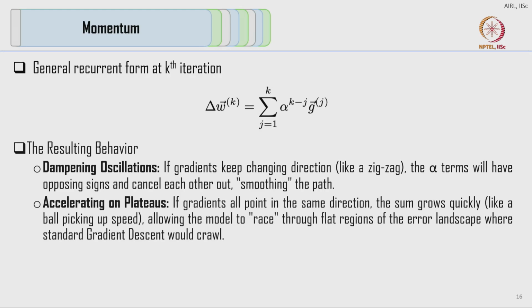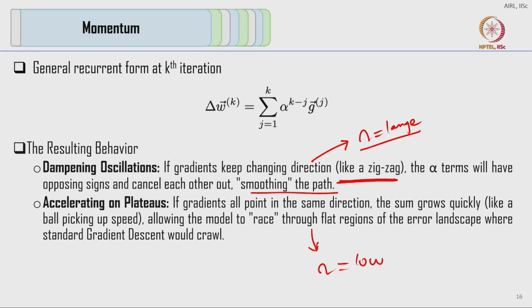The resulting behavior is, in the first case, where eta is large. If eta is large, then we used to observe a zigzag behavior or an oscillatory behavior. However, now the alpha terms will have opposing signs and cancel each other out, hence it would smoothen the path. The second example is when eta is very small or low.